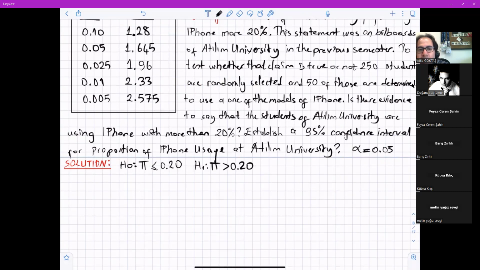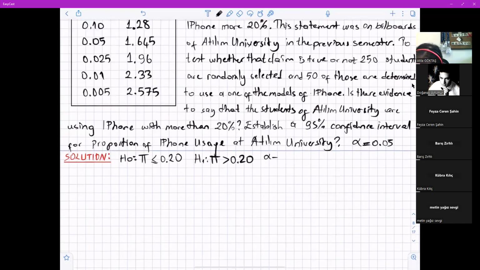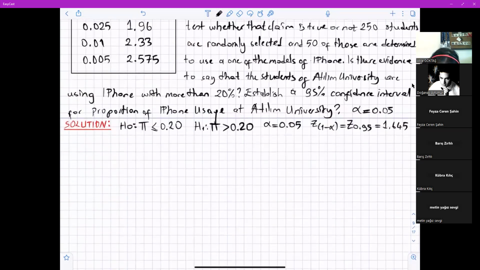So we're telling that more than 20% of the students are using a model of iPhone at Atılım University. We think that the alpha level is 0.05 level of significance, and we need to have the critical value, which is z 0.95, that is 1.645.